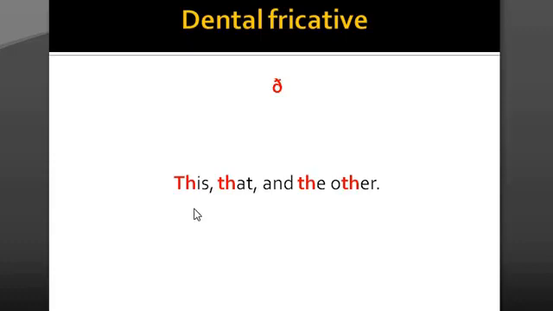Most English sentences will have a word like the, this, that, other, words like they, them, these, those. So we use this sound in words that are very common, words that we speak often.